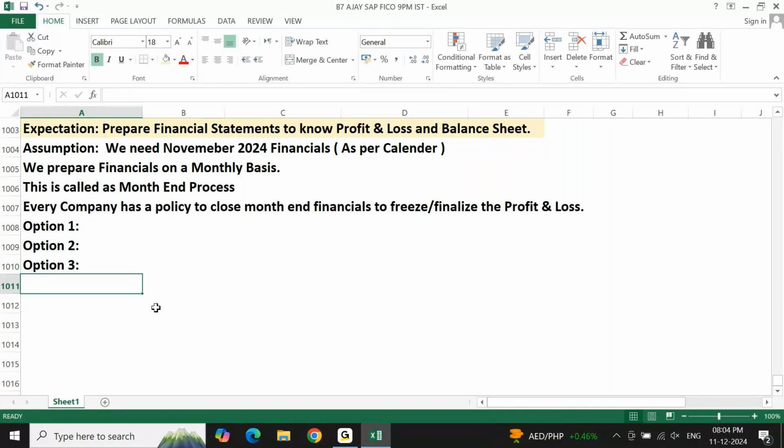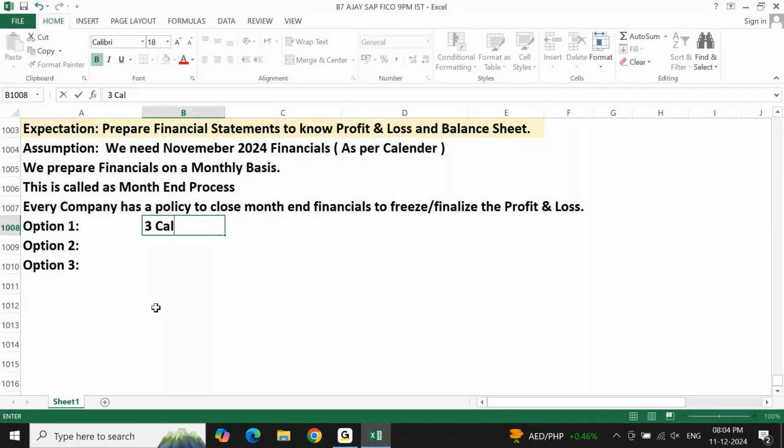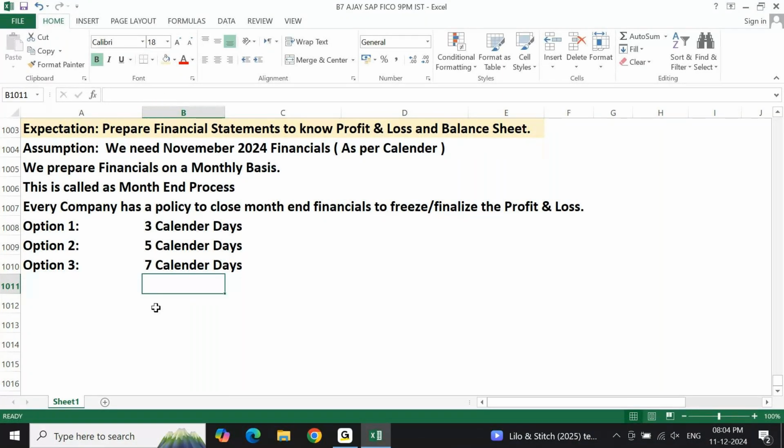I may be taking 3 calendar days or 5 calendar days or 7 calendar days. Possible? Correct or not? Possible. Yes.